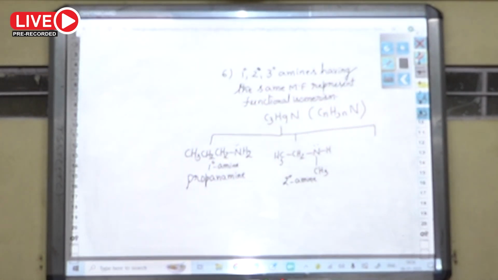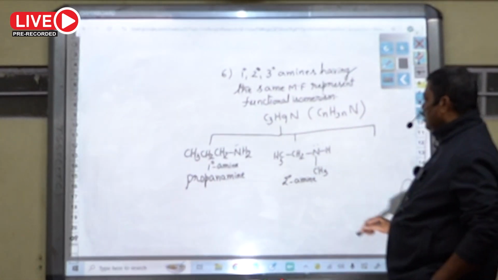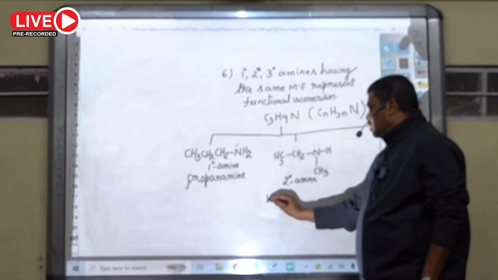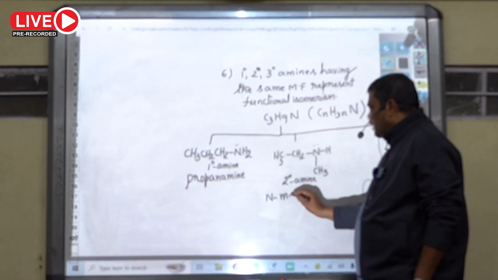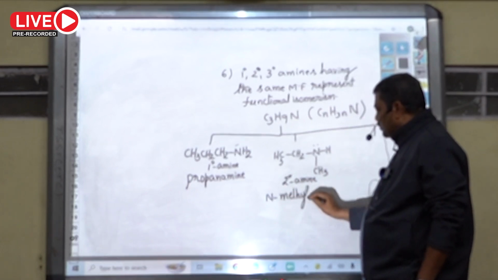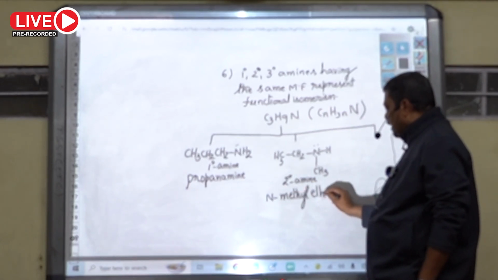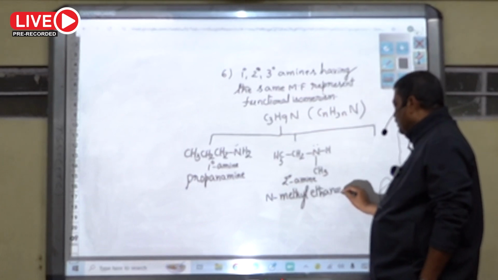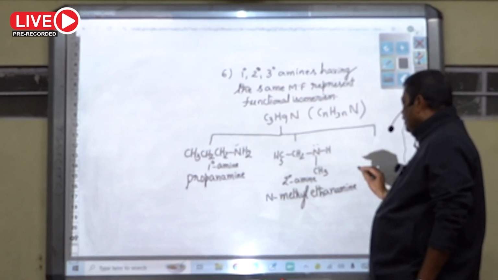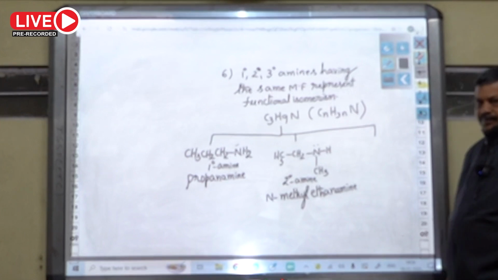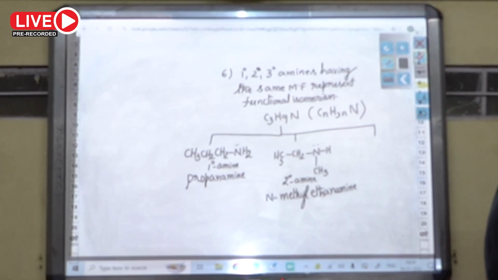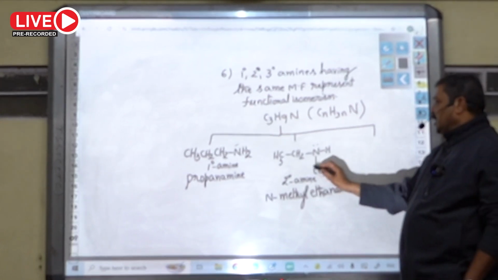So it is N-methylethanamine. This is the IUPAC name. N-methyl, N is having the methyl group.